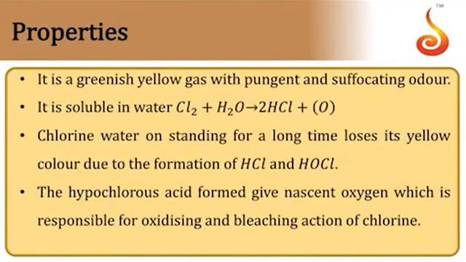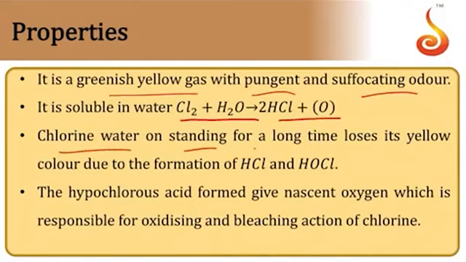Then comes the properties of chlorine. It is a greenish yellow gas with a pungent and suffocating odor, soluble in water, and it is called chlorine water. Chlorine water on standing for a long time loses its yellow color due to formation of HCl and HOCl.